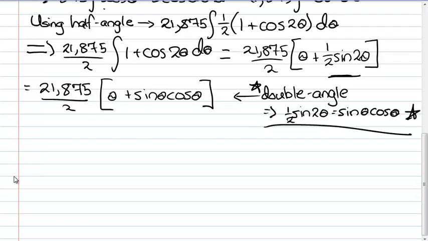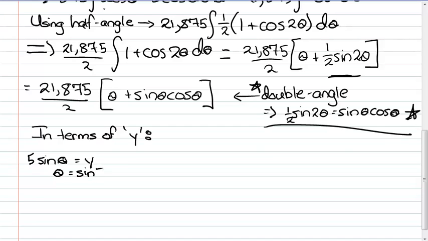Now I want to switch everything that's in theta in terms of y in order to make plugging in the bounds easier. So when I write everything in terms of y, I'm going to use everything that we did before. I'm going to recycle. We know from before that 5 sine theta is equal to y. Solving for theta, we're going to have theta equals sine inverse of y over 5.